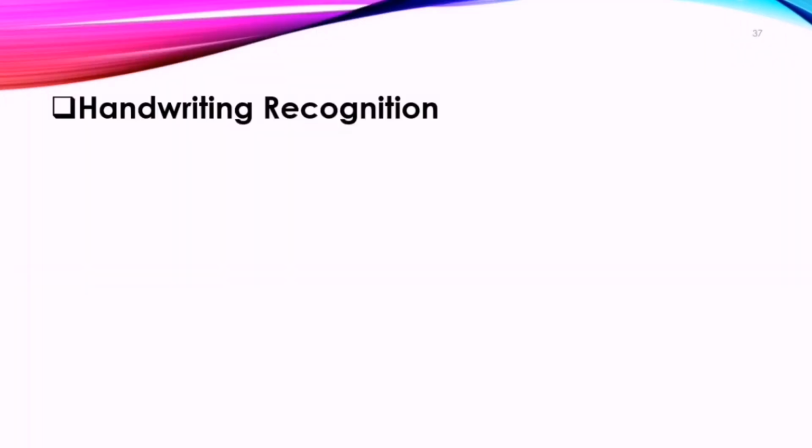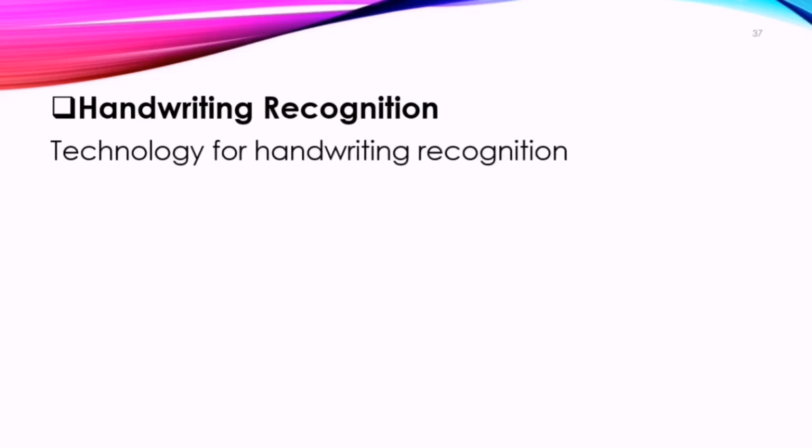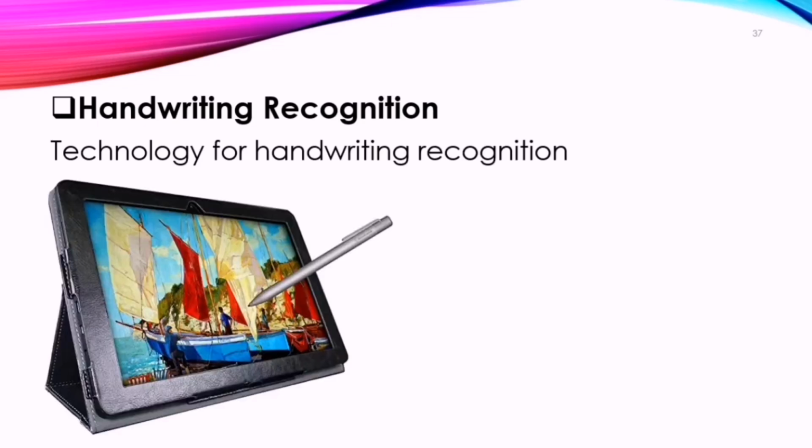Next is handwriting recognition. Like speech, we consider handwriting to be a very natural form of communication. And there are mechanisms to capture handwritten information. The major piece of technology used to capture handwriting is the digitizing tablet, or kagaya ng nasa presentation natin.